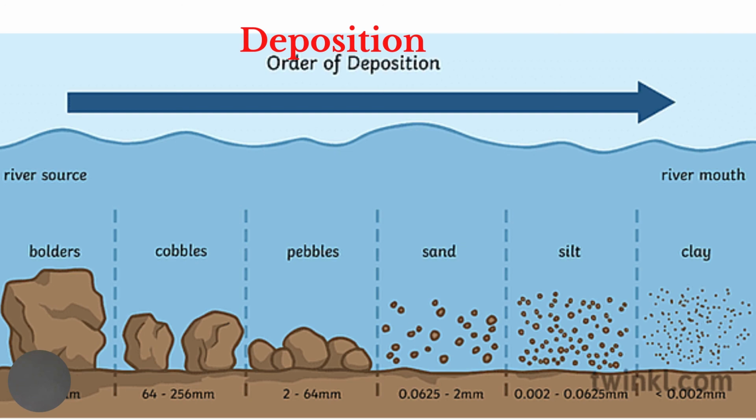It can occur as the river is passing over permeable rocks, which will cause some of the water to infiltrate into the ground and therefore reduce the volume of water in the channel.